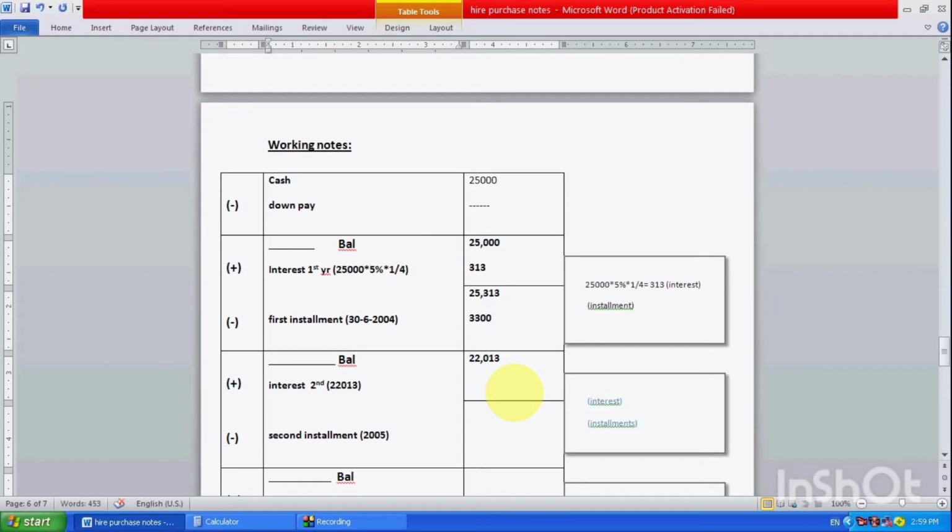Now the second interest is 22,013 into 5% into 1 divided by 4.